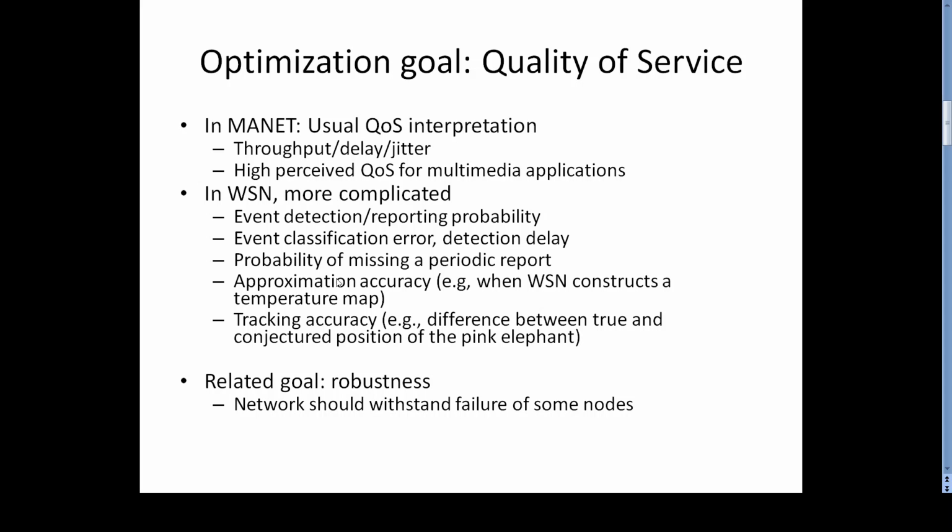All these are responsible for quality of service. And the related goal is robustness. The network should withstand failure of some nodes.